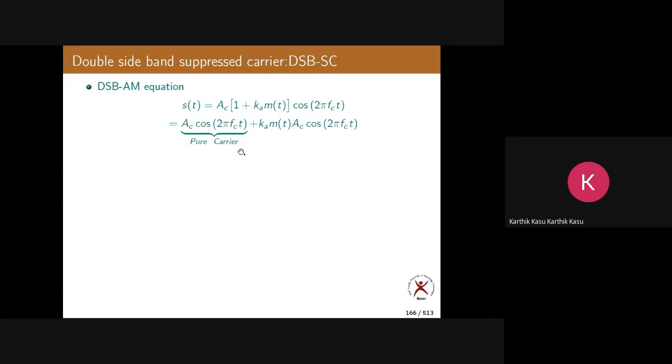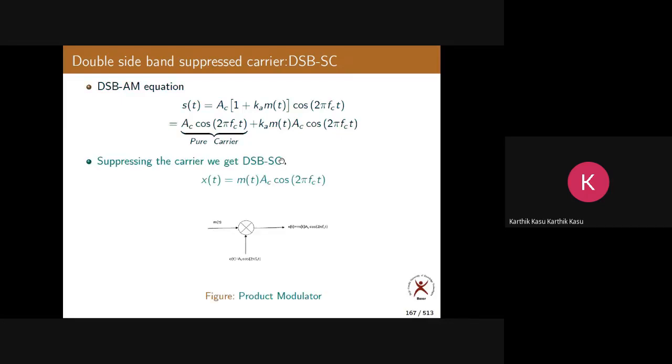You can remove that because it is not carrying any information that is useful to us. Now you are left with this term only: Ka m of t into AC into cos 2 pi FCT. Ka is also not required now. Simply you can write m of t AC cos 2 pi FCT.